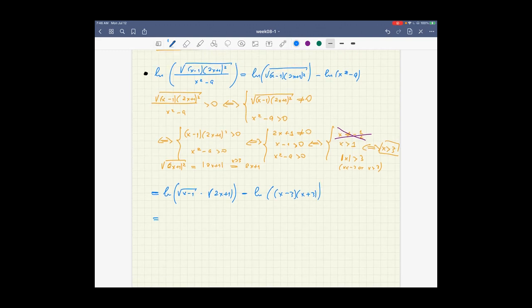Now by the product rule, that'll be ln of square root of x minus 1 times ln of 2x plus 1. Here I can again apply the product rule and write that this is ln of x minus 3 plus ln of x plus 3.